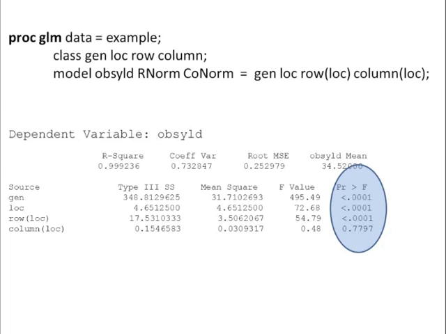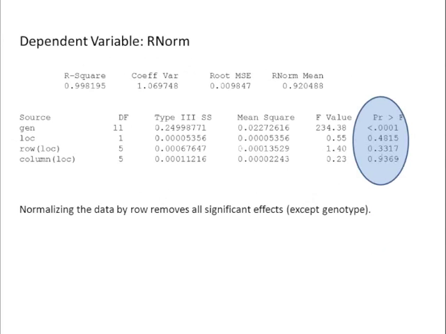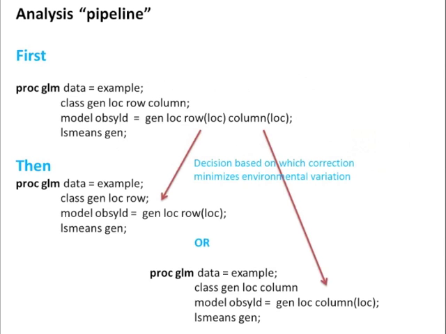So we know that we have to correct for that. We can normalize our data for that row variation and then rerun the analysis. When we do that, that variation goes away because we've normalized our data to account for it. All of the significant effects are now removed except for the genotypic variance, which is what we're interested in as breeders.